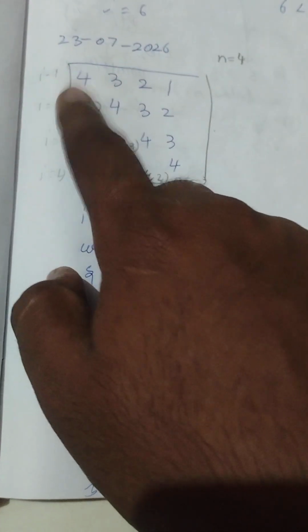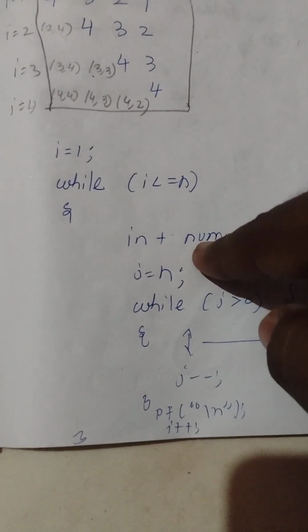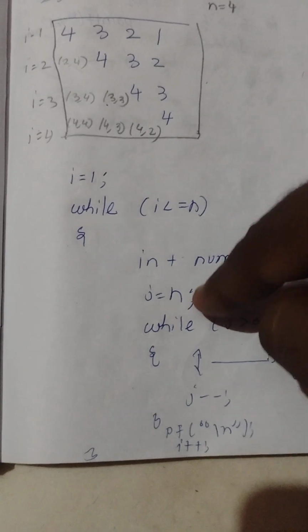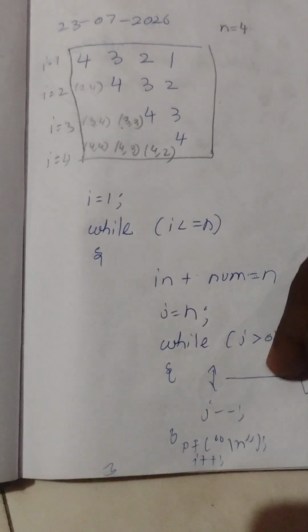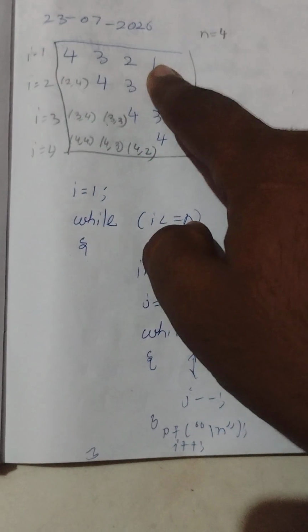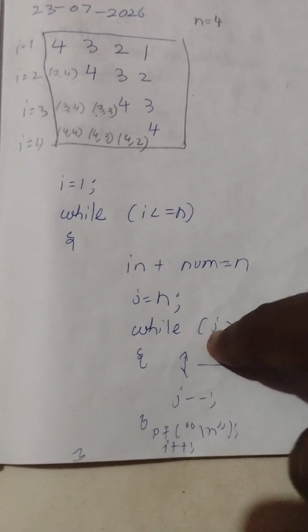If the user entered 5, it means 5 4 3 2 1. So for the starting number n, which is 4 here, I am initializing j equal to 4, and the last number should always be greater than 0. So that's why I'm writing the condition j is greater than 0.